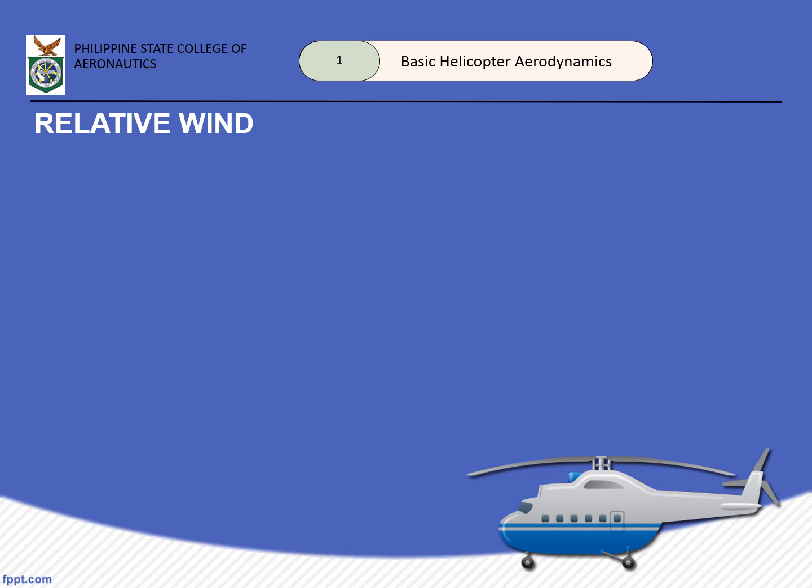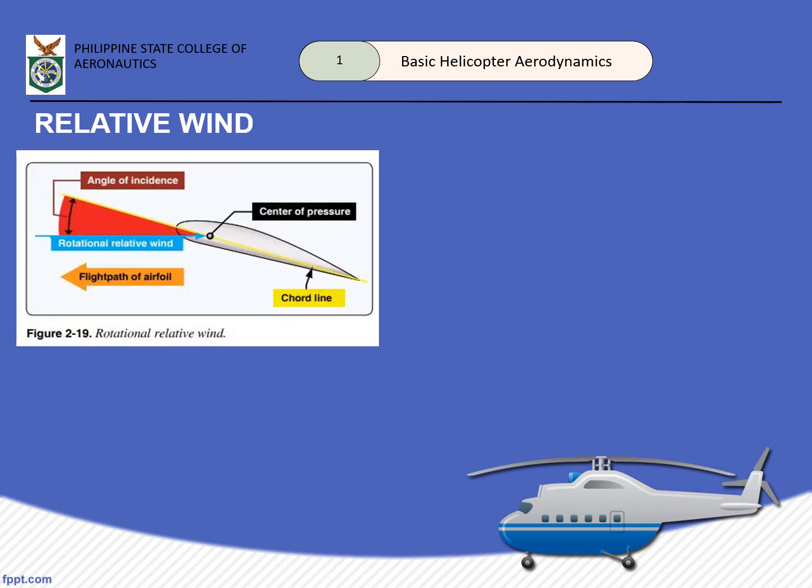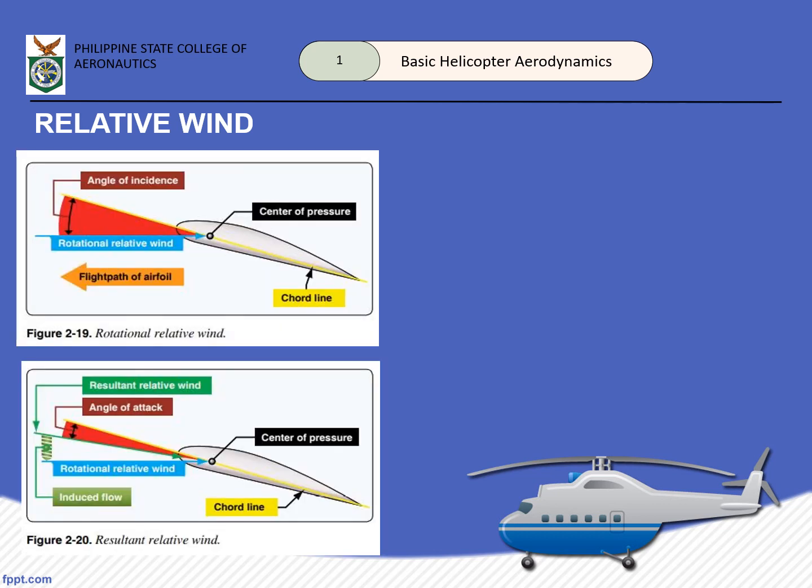Okay, now we have two kinds of relative wind. We have rotational and resultant. So ano nga ba pinagkaiba nito? First, the rotational relative wind. The rotation of rotor blades as they turn about the mast produces ang ating rotational relative wind. Okay?